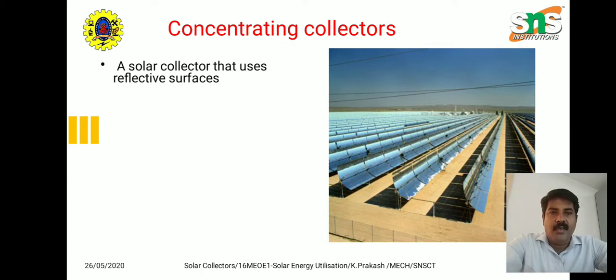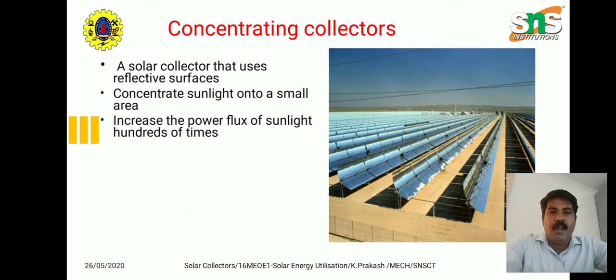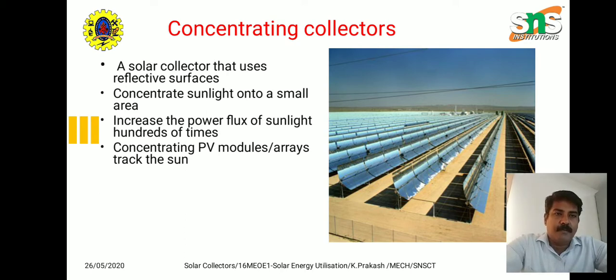This is the major difference. The concentrated sunlight is focused on a smaller area, which increases the power flux of the sunlight hundreds of times. Here we use tracking systems.